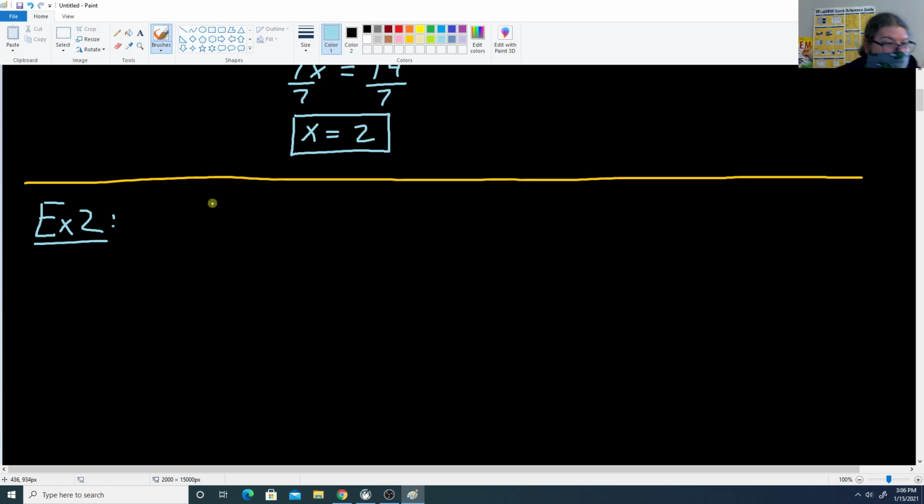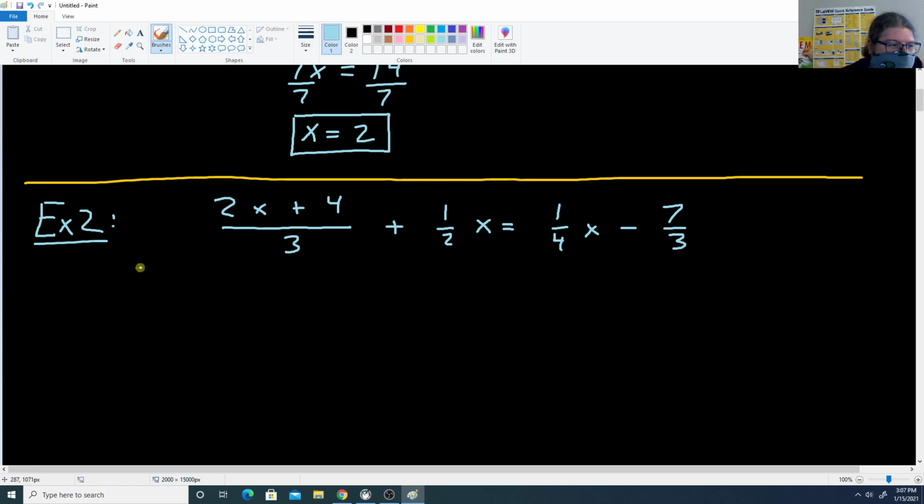Example 2. We have (2x plus 4), all that over 3, plus 1/2 times x equals 1/4 times x minus 7/3. We want to solve this.